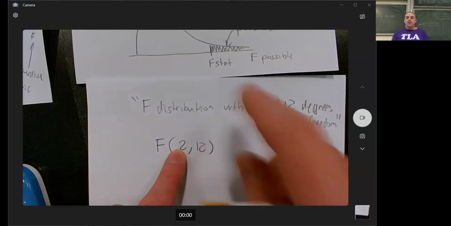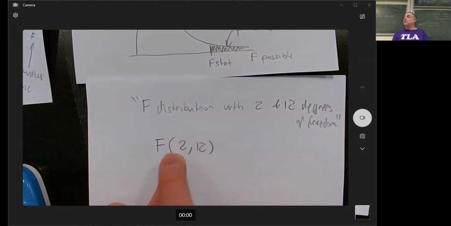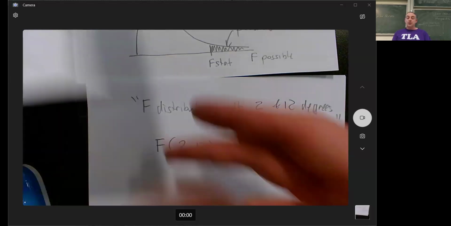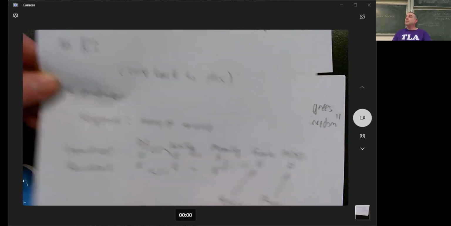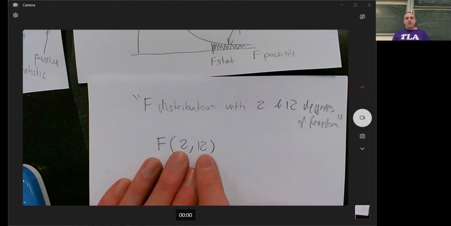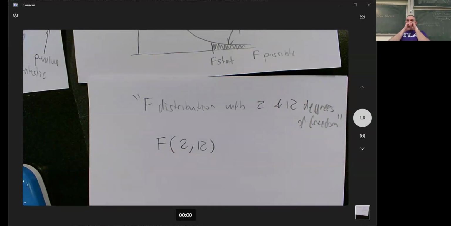And this is the one that goes with this example, but you would change these numbers based on what was in the table. You can copy them from the table. And that's because, you know how the T distribution only has 1 number for its degrees of freedom?